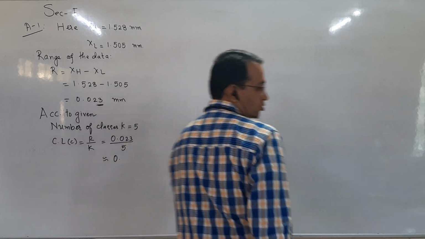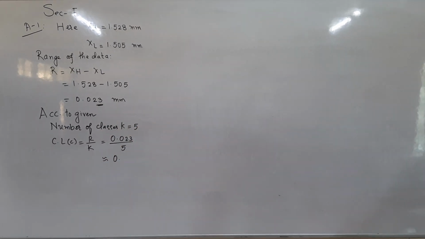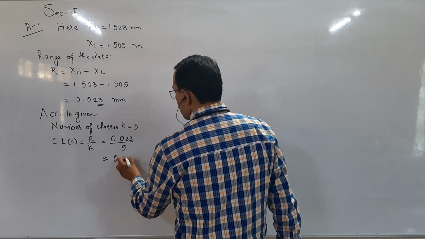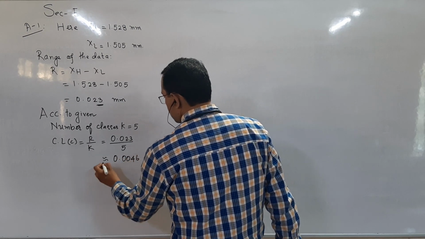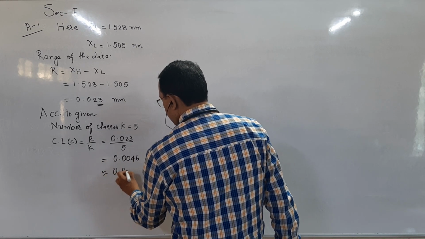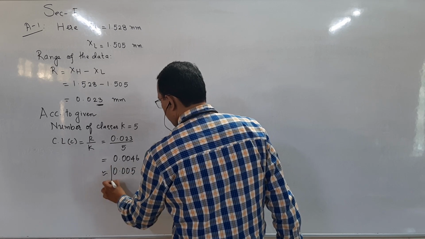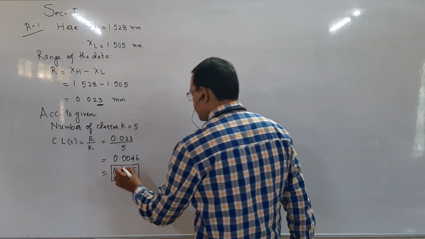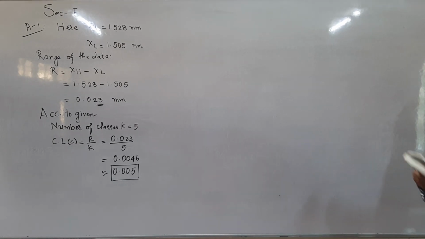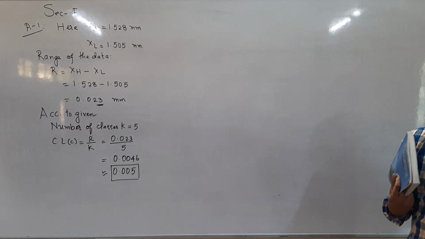So this turns out to be approximately, students, 0.0046. So roughly we can keep class length as 0.005, because we never generally keep class length in odd multiples, meaning it is a multiple of 5, 10, 2, 4, like that.